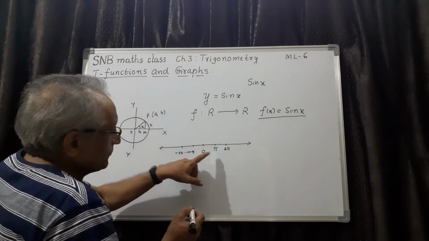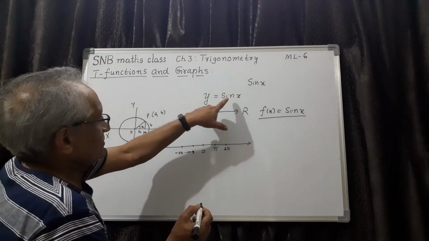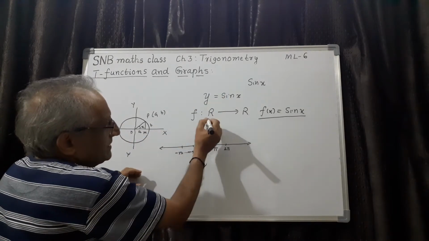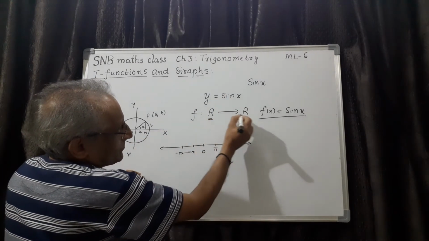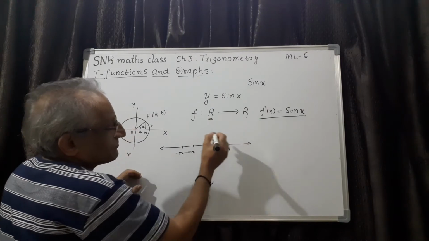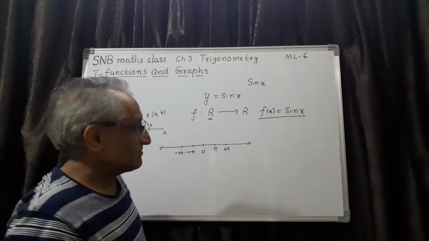So for every angle there is one ratio, sin x. So for all the values here we can find a value here. Therefore it is a function. That is the first thing which you have to remember.